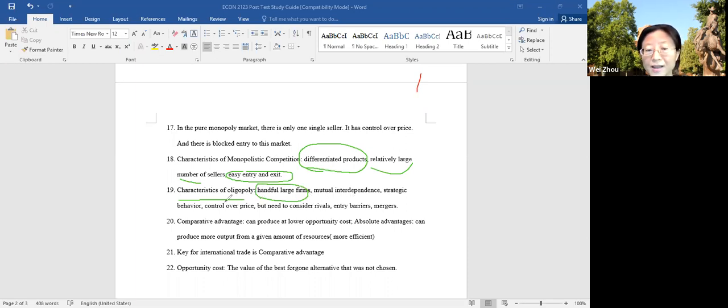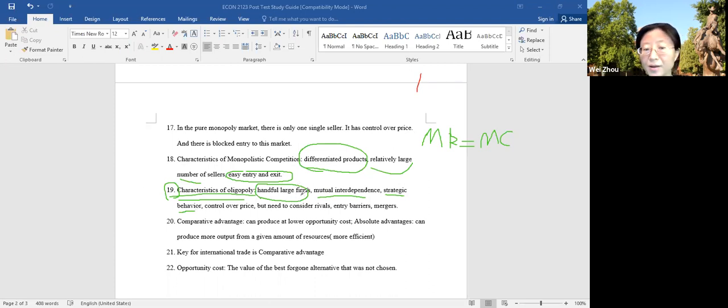So in that case, this is the only market structure where we cannot use marginal revenue equal to marginal cost to find the optimal choices, which is the price and quantity to maximize the profit. The oligopoly is the only market structure we will have a hard time doing that, because they're mutually interdependent. When they make any decision, they need to check what their rival does.